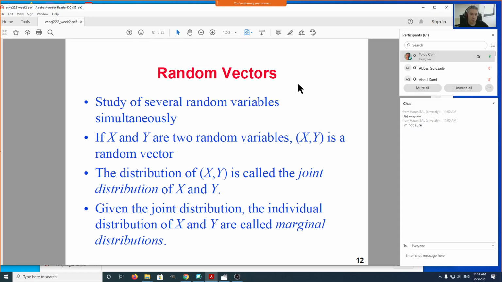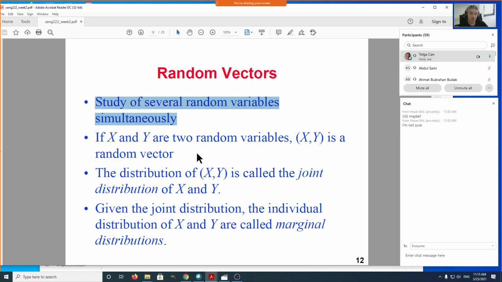This is what we usually do in machine learning: we study several random variables simultaneously, because we usually make multiple measurements, multiple observations in different settings. For example, what is the probability that a student is going to get a job at Google? You have to measure different features for this student. What is the cumulative GPA?